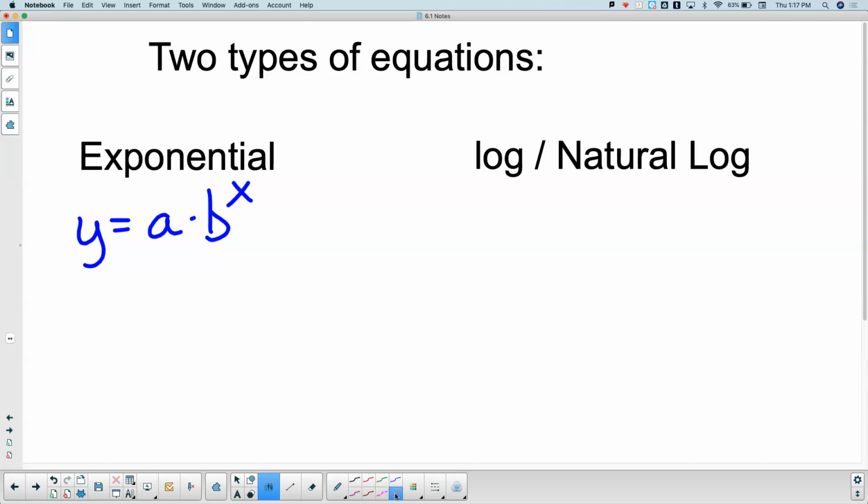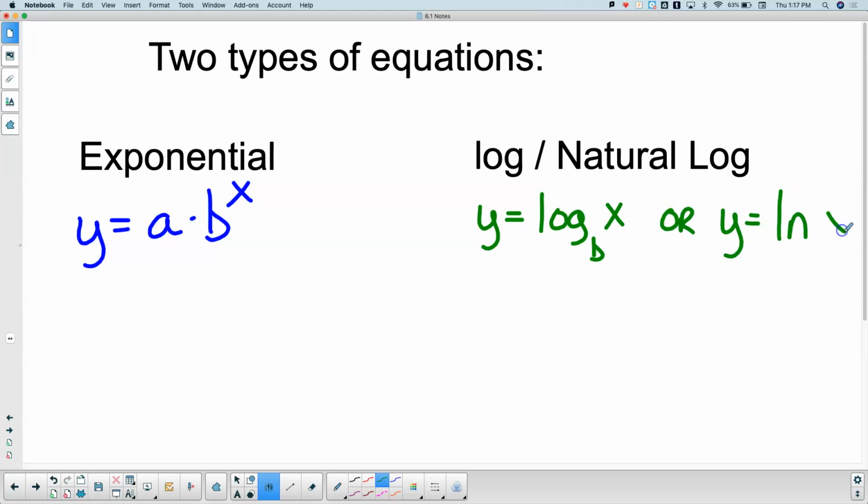Logs and natural logs will look like that. Log base b of x or natural log of x.